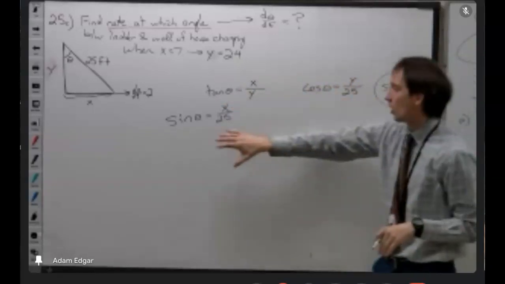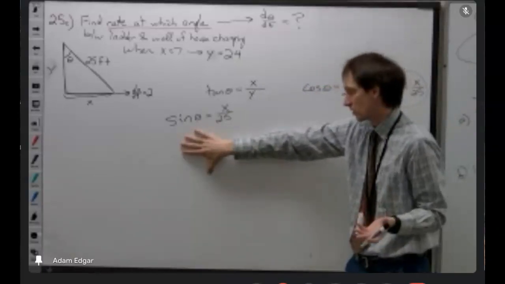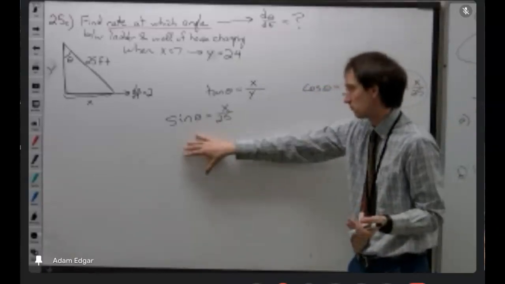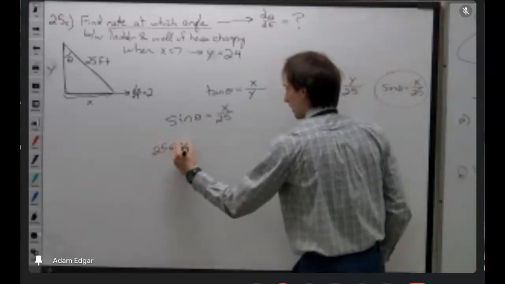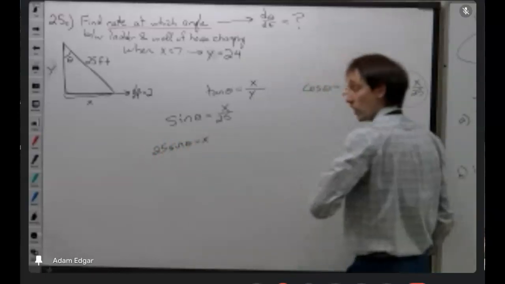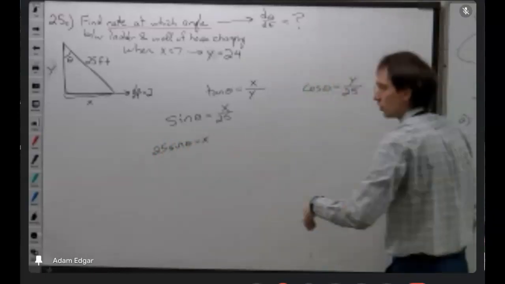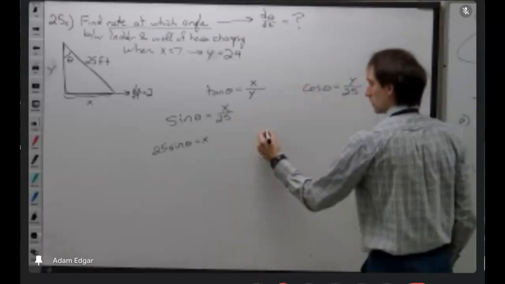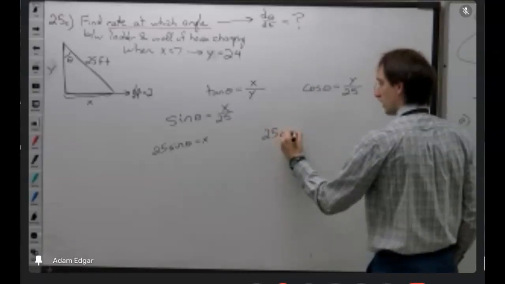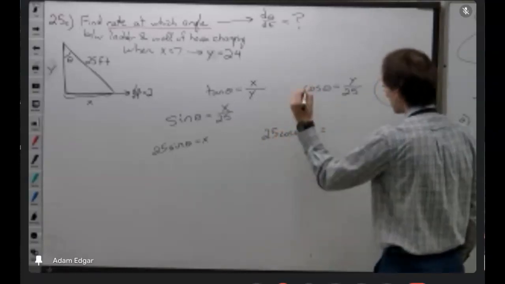So once you're here, what's something we could do to this to maybe simplify things a little bit? Yeah, move 25 over. 25 sine of theta equals x. And then what do we always have to do on these things at some point? Differentiate. So what's the derivative of 25 sine theta? 25 cosine theta, times d theta dt.